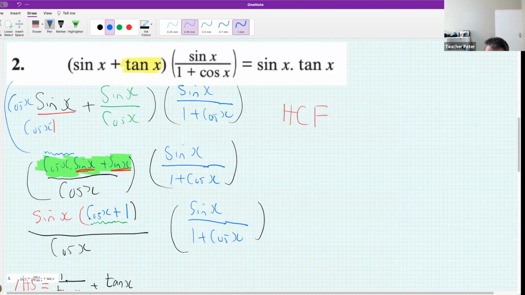Now, this is good news because I have spotted something. Can you see that cos x plus 1 is exactly the same as 1 plus cos x? So what do you think we're going to do with those two factors that are exactly the same?